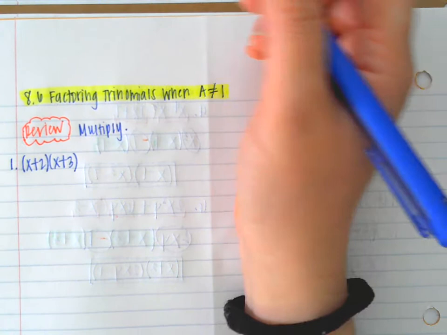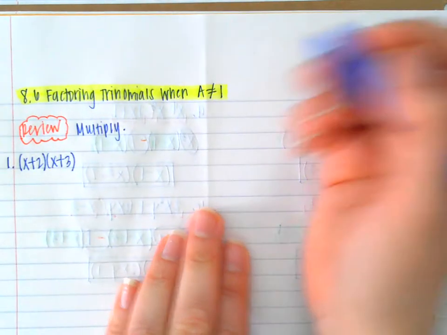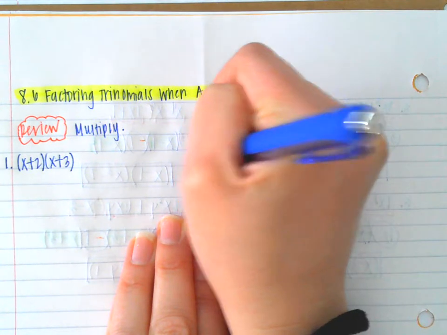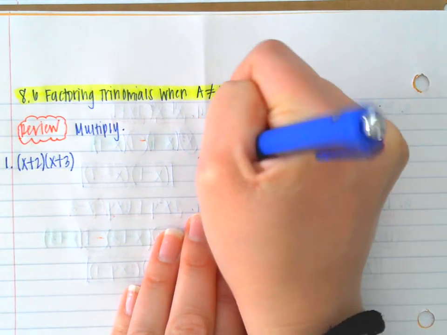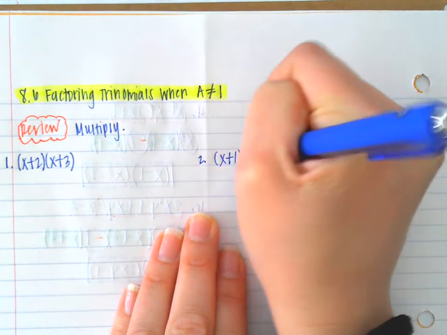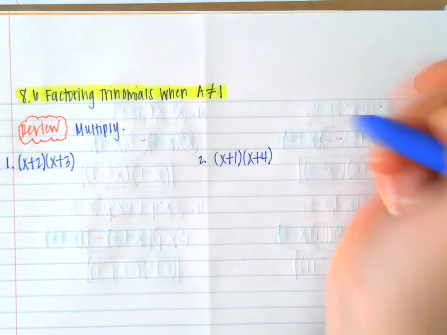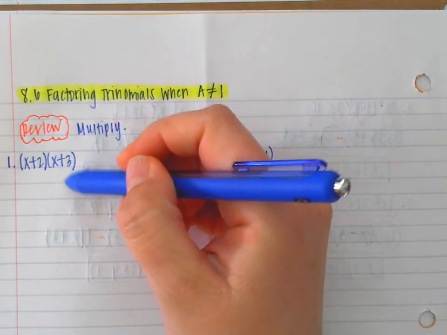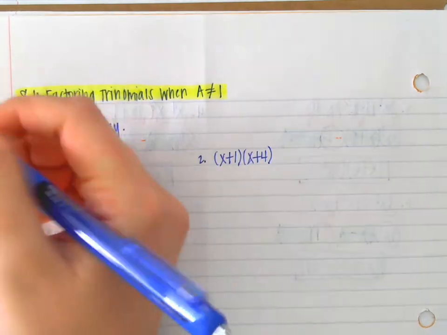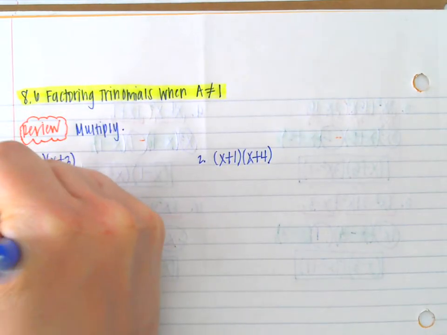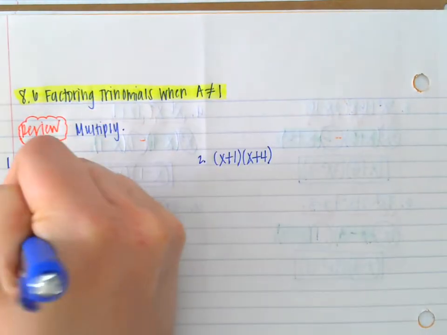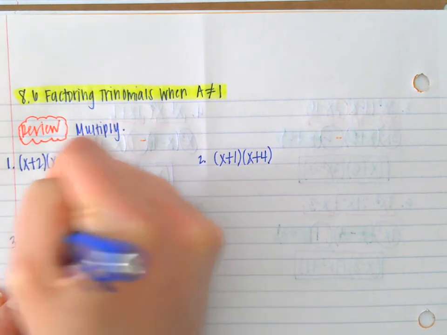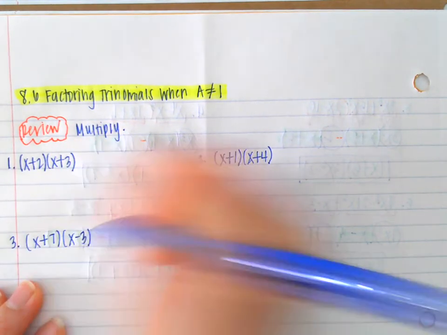So what I want you to do on your own is multiply x plus 2 times x plus 3, and multiply x plus 1 times x plus 4. Then I'm going to skip a few lines, and I want you to do x plus 7 times x minus 3.